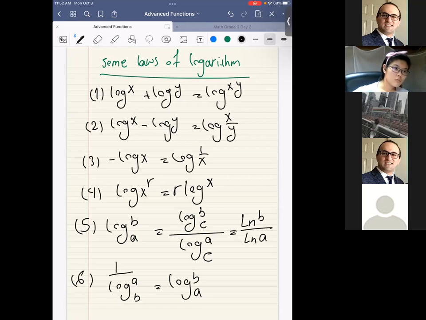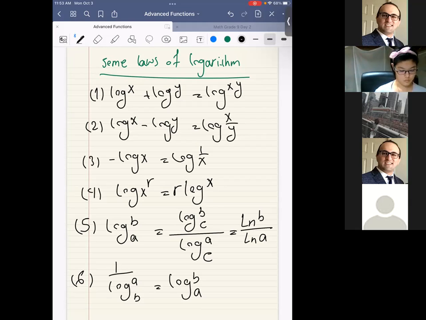Of course, here you should be careful about x and y and the domain, because there are some conditions. x and y, for instance, have to be positive. And when you say log of b with base a, that means b first has to be positive, then a has to be positive and not equal to 1.